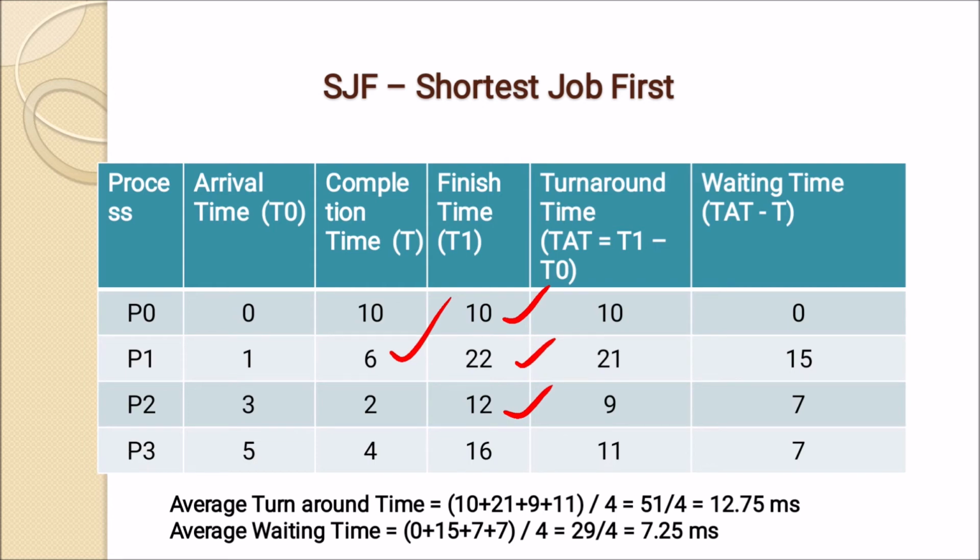Now what is turnaround time? Turnaround time is the finish time minus arrival time. The finish time we have taken from the Gantt chart. If we do not prepare a proper Gantt chart, we cannot calculate the exact or correct finish time, and if we write a wrong finish time, our turnaround time will also be wrong.